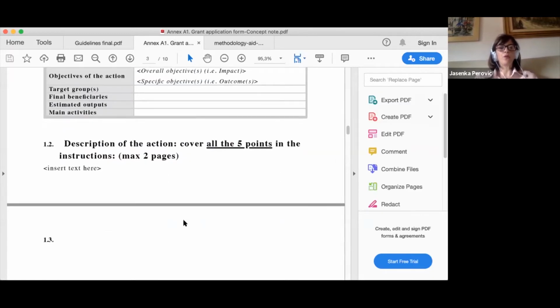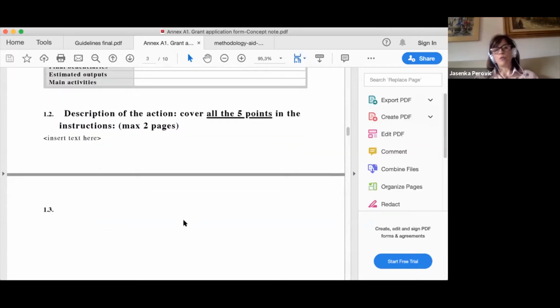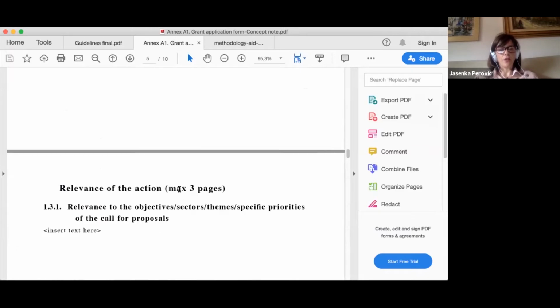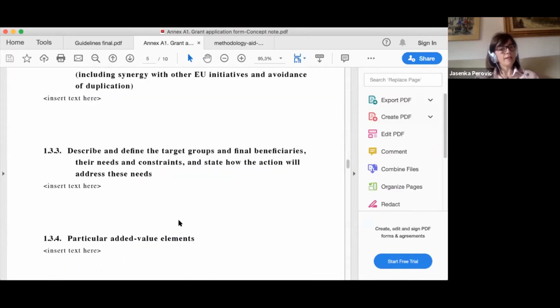The first is 1.2, description of the action, and it should be a maximum of 2 pages, and please pay attention to this. The next chapter is the relevance of the action, which can be a maximum of 3 pages, and it has several subheadings. Please do not erase these subheadings, they have to be here.